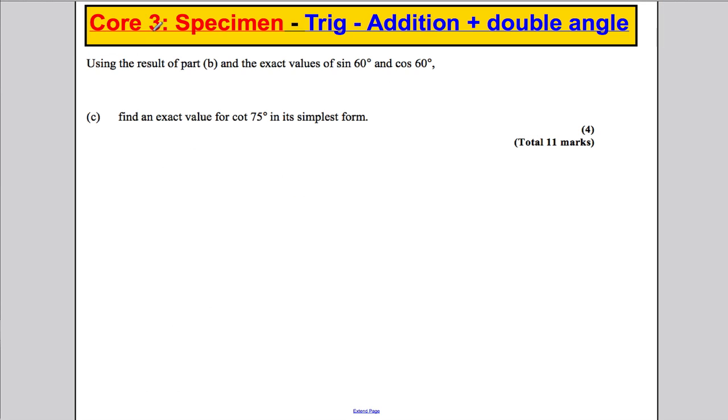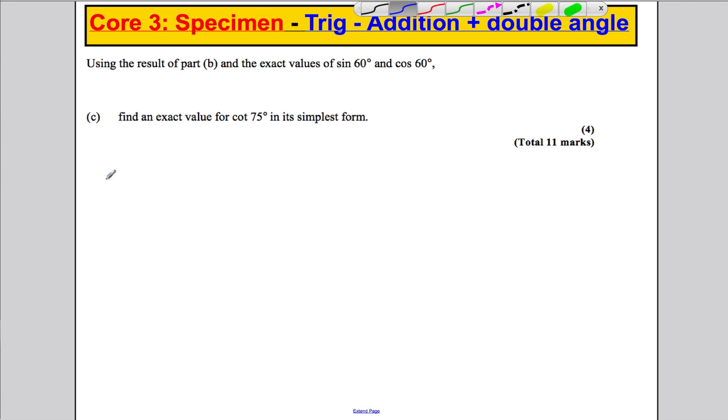Okay, next, using the result of part B, find the exact values of sin 60 and cos 60. Find cot 75.